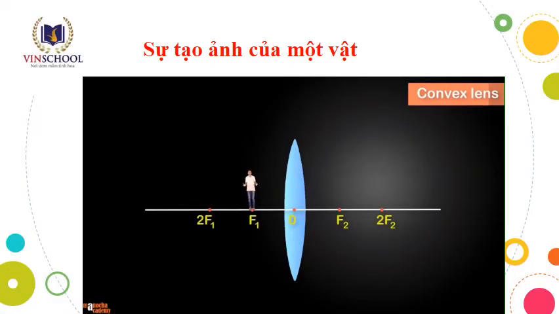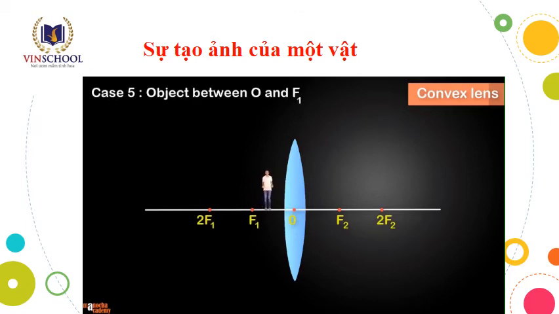Now let's look at the final case, where I move really close to the lens. The object, that is me, is between the optical center and the focus of the lens. Let's use rule 1 and rule 2 to draw the light rays from the top of the object.